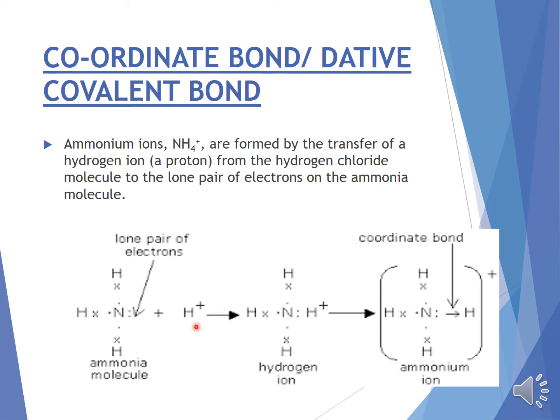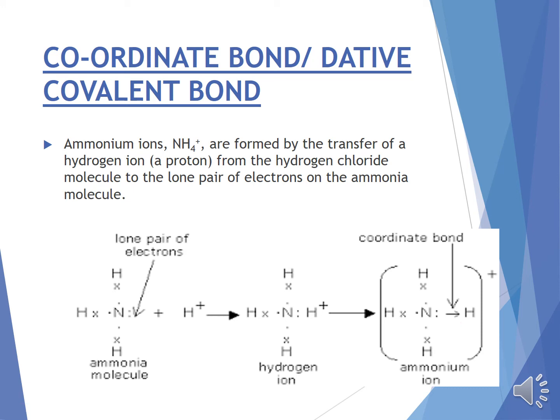H+ requires electrons to satisfy its outer shell. But here, they are not sharing the positive charge with the ammonia molecule; they are sharing two electrons of ammonia with hydrogen. Therefore, it is called one-sided sharing. The bond is called a coordinate bond or dative covalent bond, represented by an arrow.